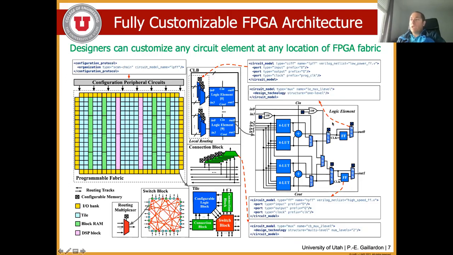For example, if I go to a CLB that contains logic elements and fracturable LUTs, I know that as part of my logic elements, I will have a multiplexer that helps me switch between sequential or registered data or non-sequential path, right, to implement either flip-flop or not.